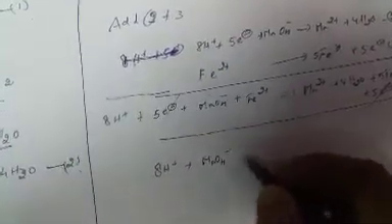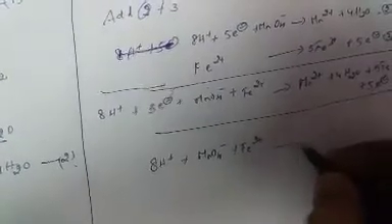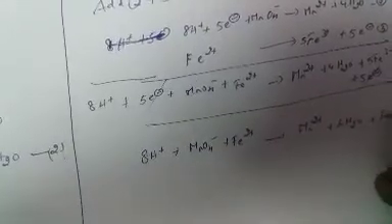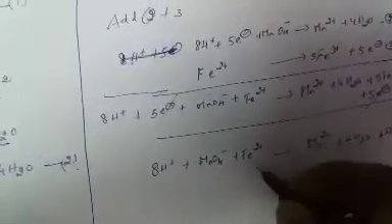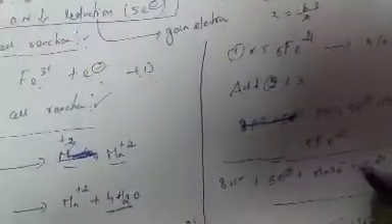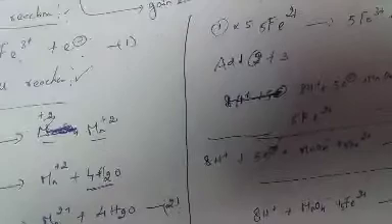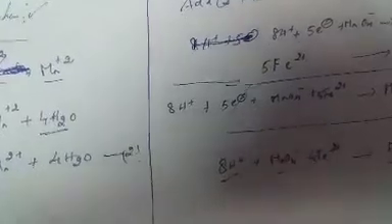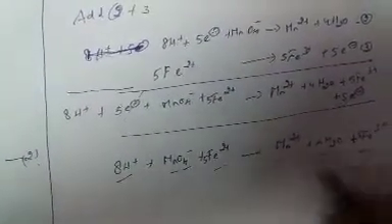Therefore, you get 8H+ plus MnO4- plus 5 Fe2+ gives Mn2+ plus 4H2O plus 5 Fe3+. We multiplied that equation by 5, therefore 5 Fe here and 5 Fe here, 1 Mn and 1 Mn, 8 hydrogens here and 8 hydrogens there, 4 oxygens. All of these are balanced, therefore the equation is balanced. Thank you.